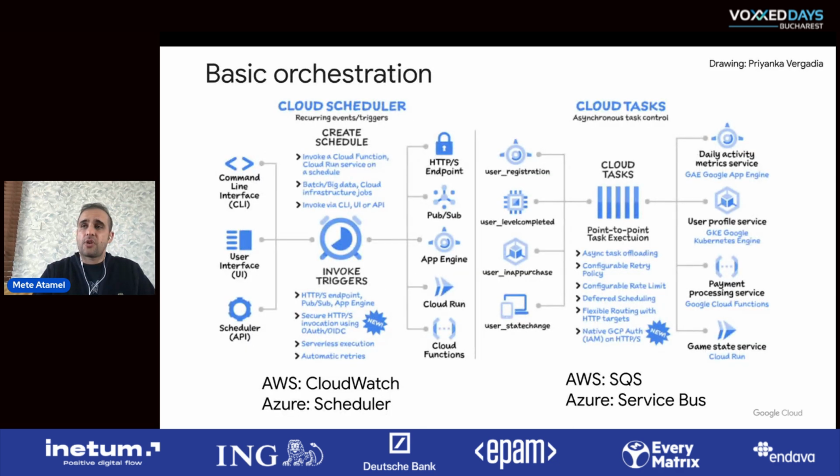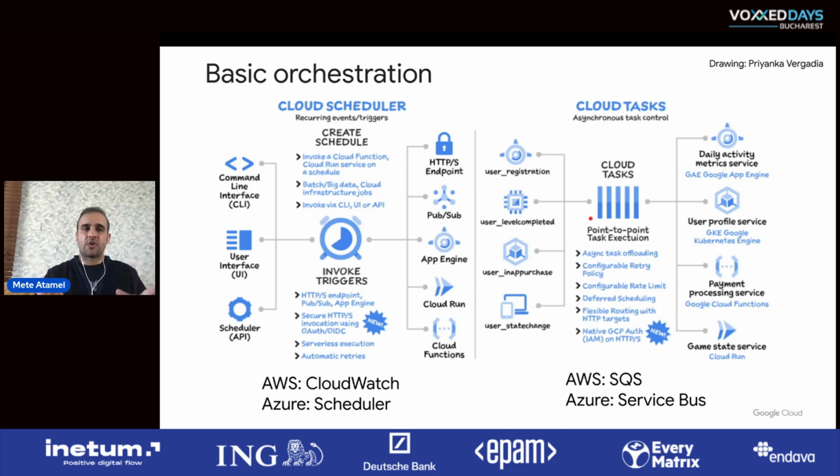And you can also start orchestrating your serverless functions or containers. So if you want to run your containers or functions on a schedule, you can do that with Cloud Scheduler very easily. Or if you want to do task-based scheduling, like for example, a user does something, fills a form, and you create a task and push that task, then that task can go to your function or container quite easily using Cloud Tasks.